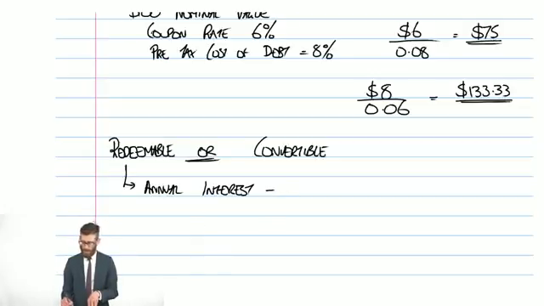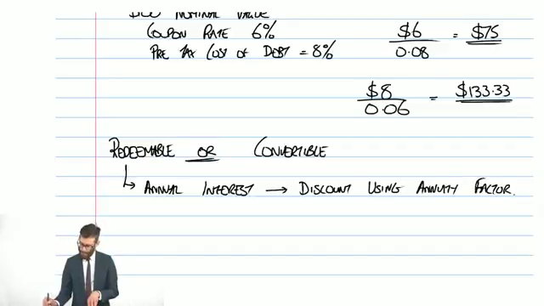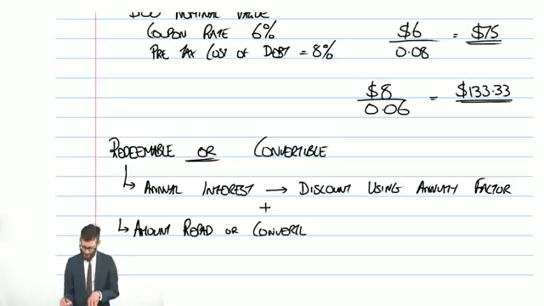So the annual interest we discount using an annuity table. And then we add to that the amount repaid or converted, which we discount as a one-off.